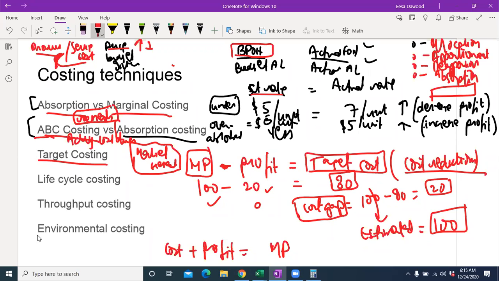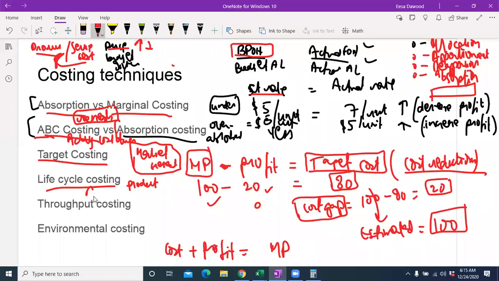Okay. And then life cycle costing. Earlier we were tracing product cost to the products, and period cost we were relating to the period. We never traced the cost in entirety to a certain product.